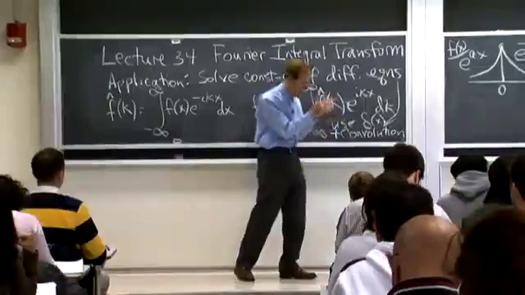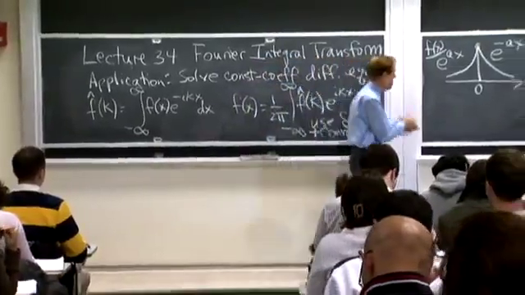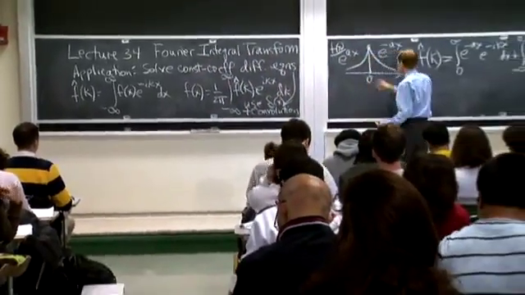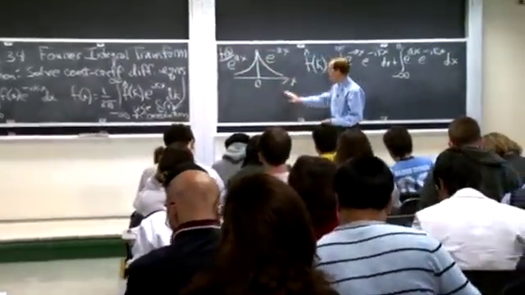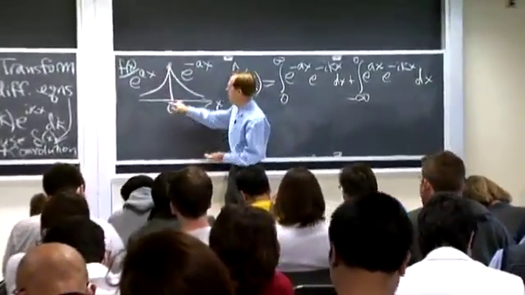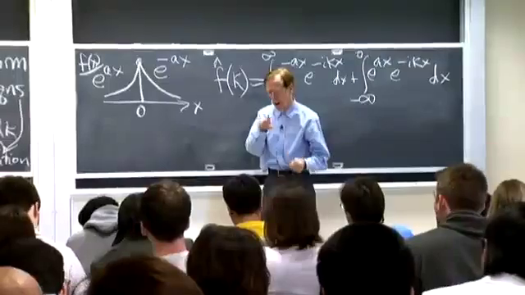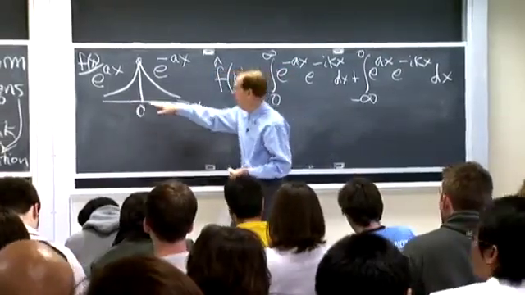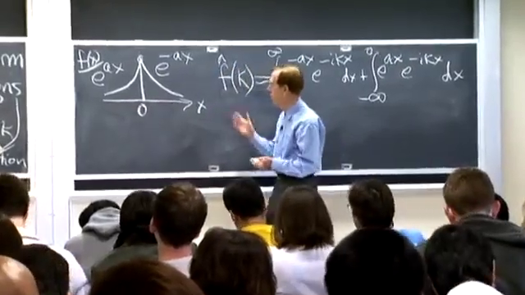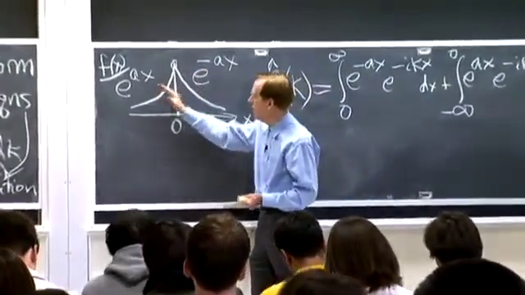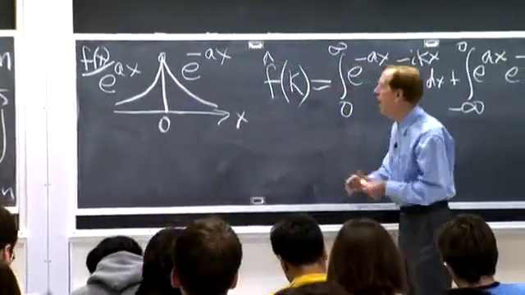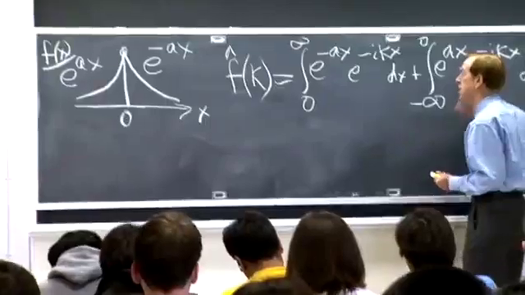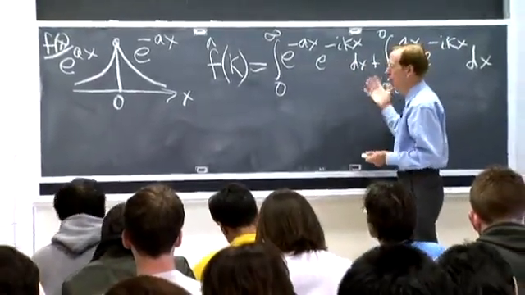This is also in the textbook, and this is now going to be an even function. Last time, the example I did was 0 up to x equals 0. This time, I'll make it symmetric, make the function even, and then I have two pieces in the integral.